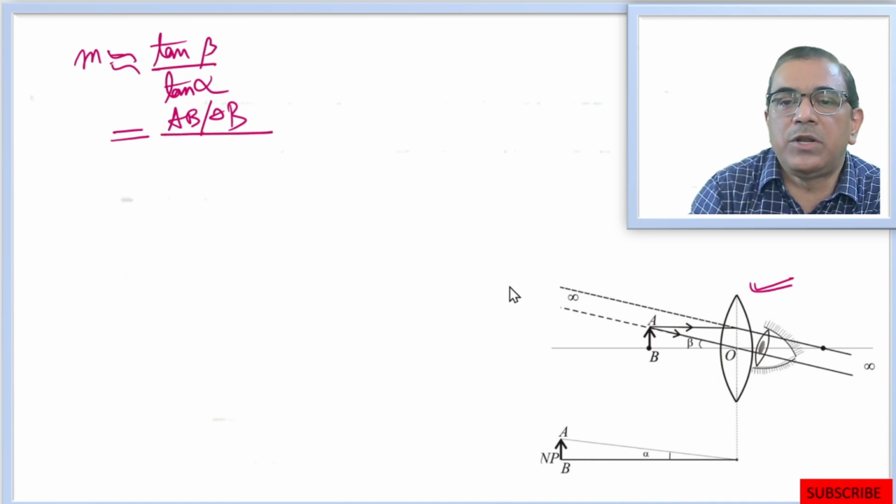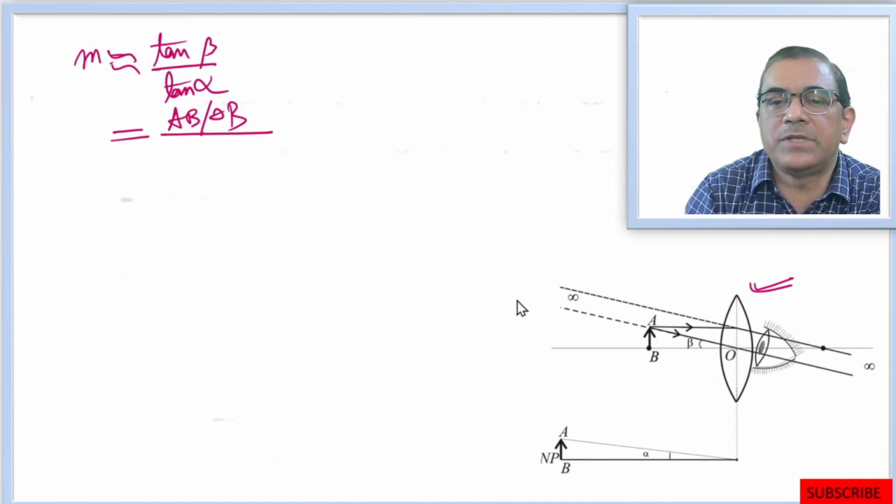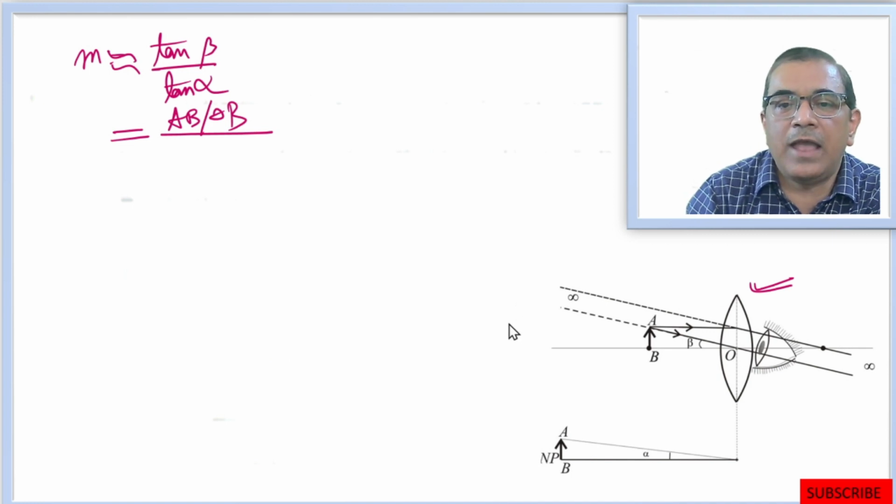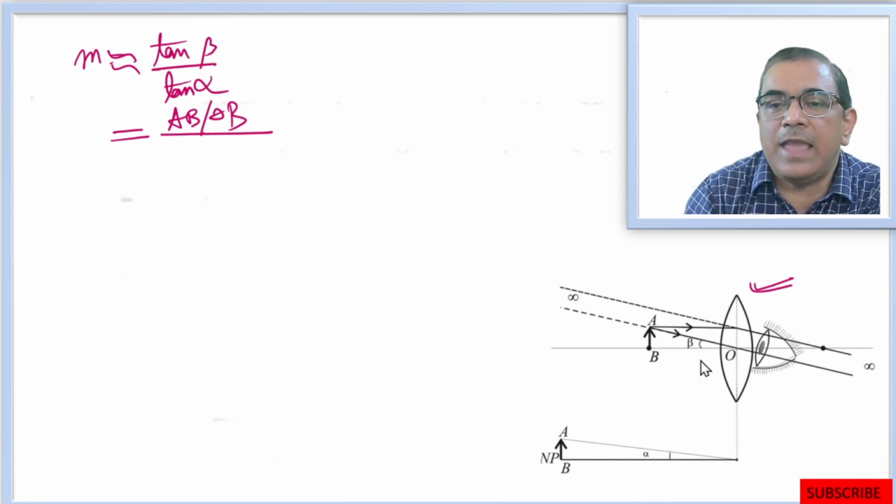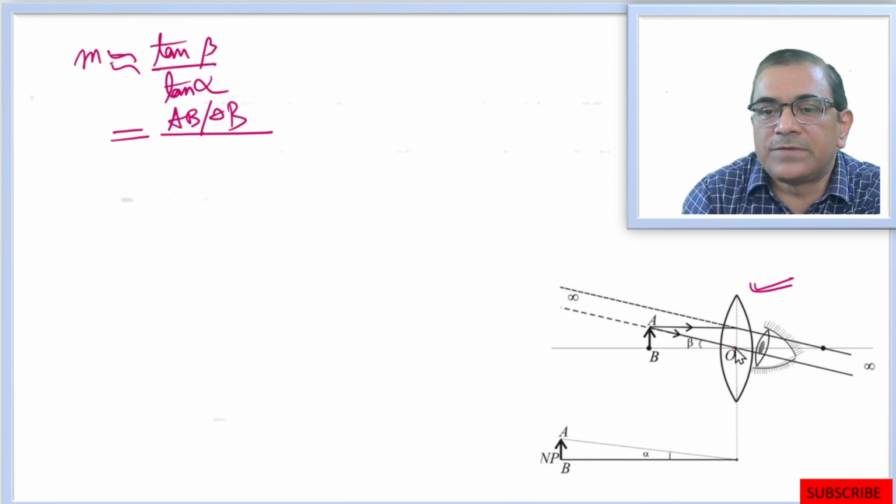I have no choice but to write, because the image is a virtual image at infinity, I have no choice but to write AB by OB. A dash B dash is nowhere in this case, and that is why I wanted to write AB by OB, and OB is this from here till here.